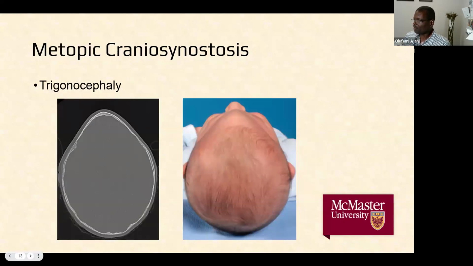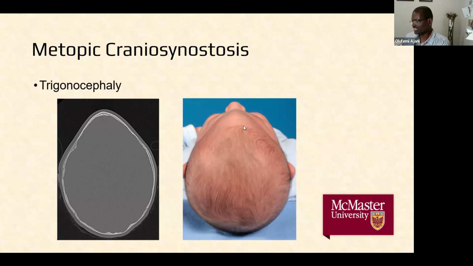Now, for metopic craniosynostosis, which is premature closure of the metopic suture, which extends from the anterior fontanelle to the nasion and impairs growth in the lateral direction. So you have this pointed skull that looks like a triangle, and that's why it's referred to as trigonocephaly. Also, this is a characteristic appearance.